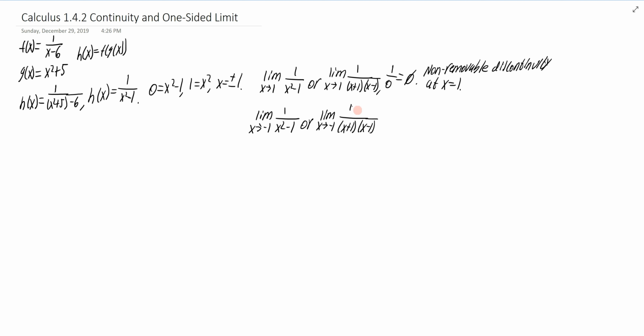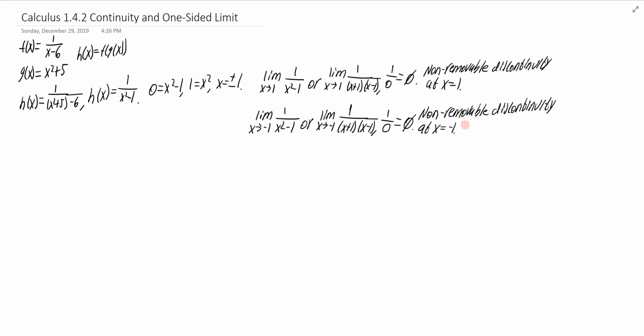Once again, we're going to get 1 over 0 if we do this substitution where we put the negative 1 in for our x variables. And this is undefined. So once again, we just say that there is a non-removable discontinuity at x equals negative 1. So that's all we've got to say.